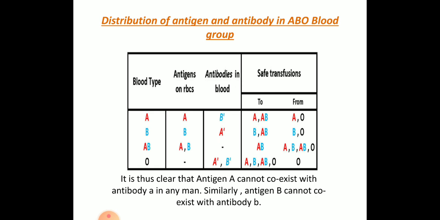That is the reason they can take blood from any ABO blood group, but AB blood can only be transfused to AB. The O blood group does not contain any antigen, but contains antibodies of both A and B. So they can give blood from O to all. That is why blood group O is called the universal donor, and blood group AB is the universal acceptor.